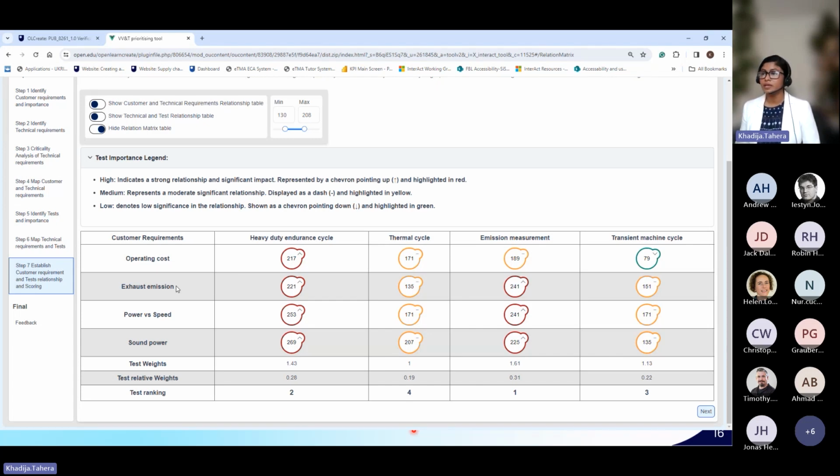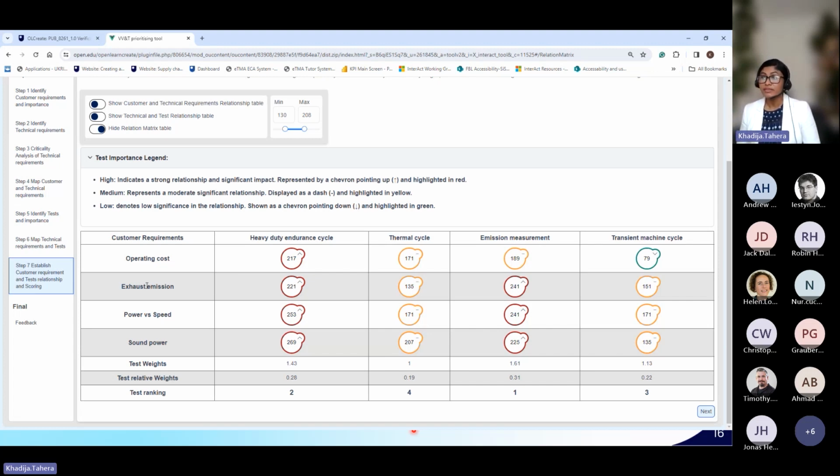How do I prove that? Because I have done this test, this test, this test. So immediately from this tool, you can tell which tests have been done to validate my requirement.